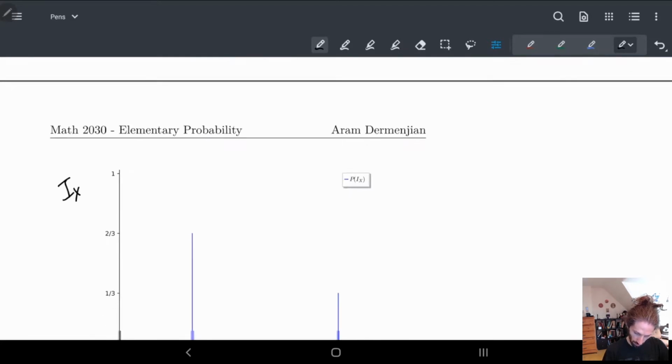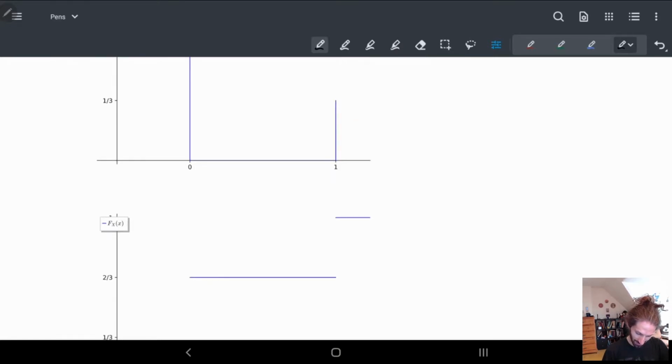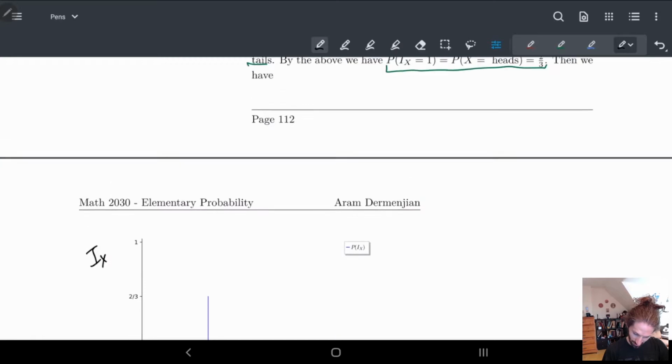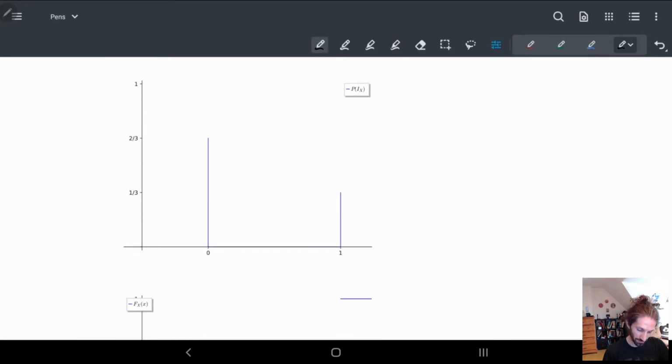Yeah, this is wrong. This should be 1/3. We're going to change this slightly: we're going to make this 1/3, this 2/3. So heads is 1/3, tails is 2/3. Okay, so I have I of X.